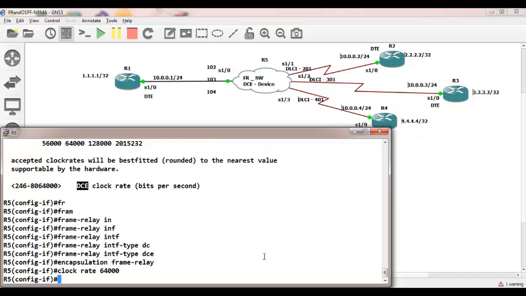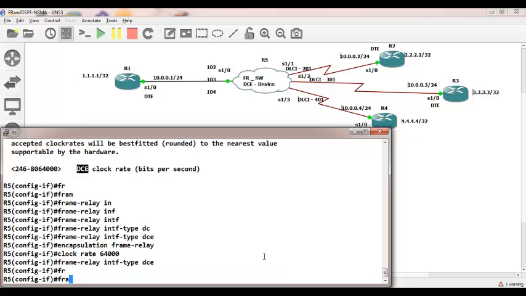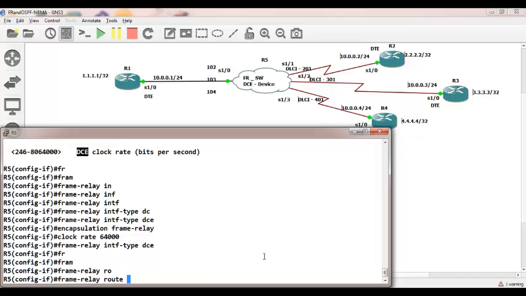Three, this is the DCE side of frame relay. The last command to form the tunnel is frame relay route. I'm routing for IP.